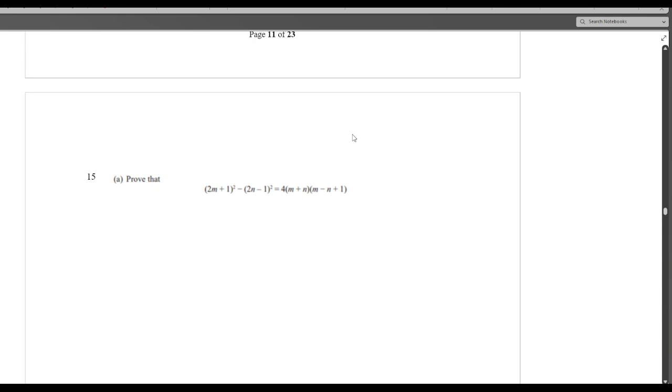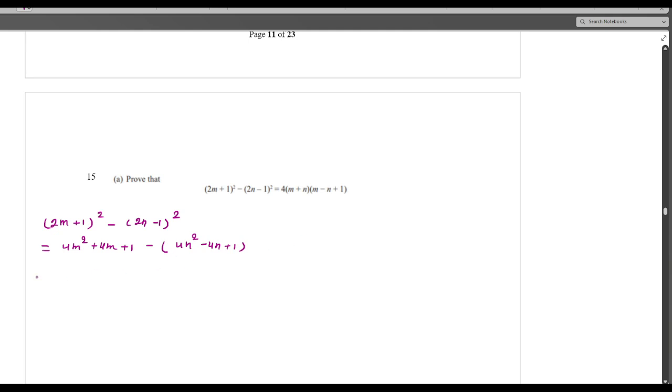Prove that (2m plus 1) the whole squared minus (2n minus 1) the whole squared is 4 times (m plus n) times (m minus n plus 1). Let us begin with the left hand side, which is (2m plus 1) squared minus (2n minus 1) squared. Now if I expand this, I will get 4m square plus 4m plus 1 minus, in brackets, 4n square minus 4n plus 1.